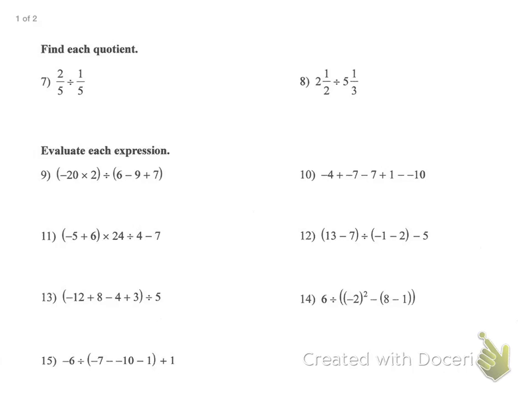All right, so let's look at this PEMDAS stuff. Evaluate each expression. And of course, PEMDAS is, you've been learning it for a while. Parentheses, exponents, multiplication and division, which you do together from left to right, and addition and subtraction, which you do together from left to right. So first we're going to do the parentheses in this one.